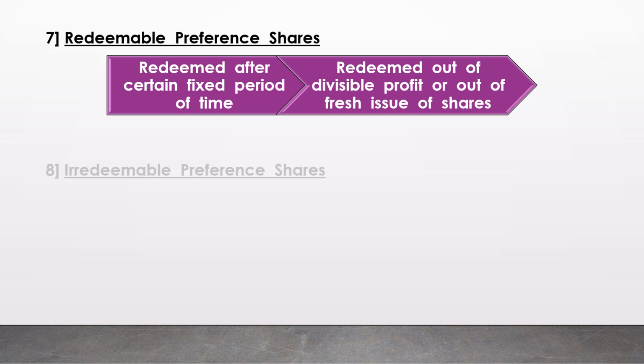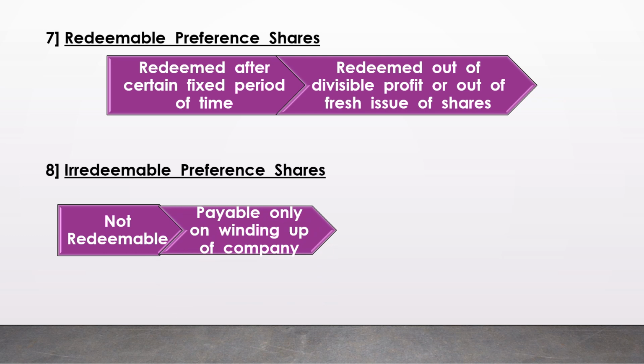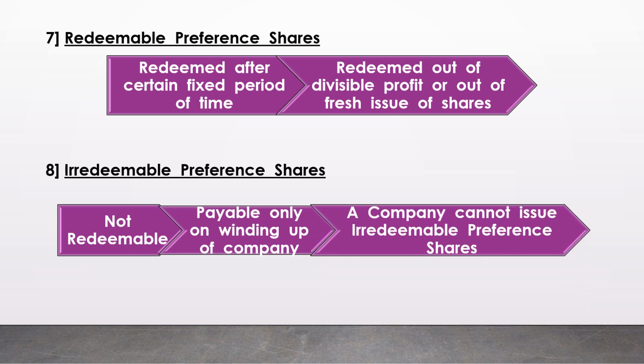So, accordingly, redeemable preference shares are those shares which are returned back to the preference shareholders after a fixed period of time. Let us now move towards the last one, the eighth one, which is irredeemable preference shares. Irredeemable preference shares are those shares which are not redeemable, which means that they are not returned back to the preference shareholders. The amount of irredeemable preference shares remains with the company throughout its lifetime, and this amount is payable only on the winding up of the company.